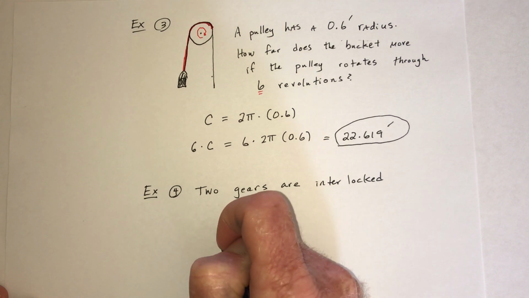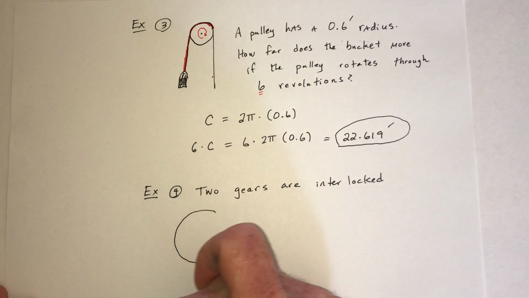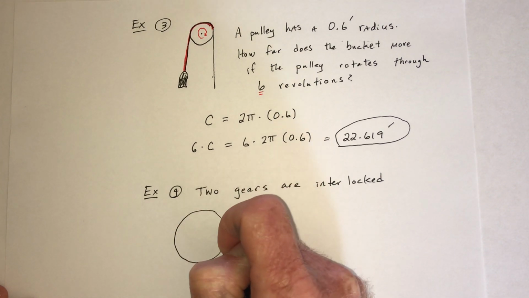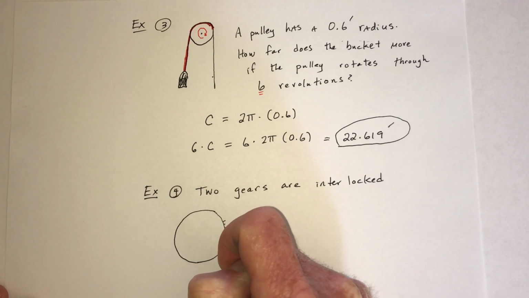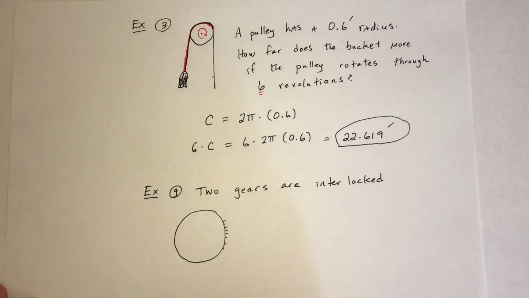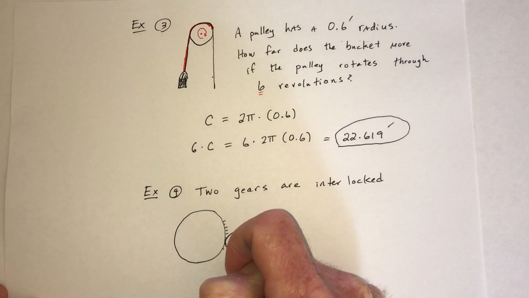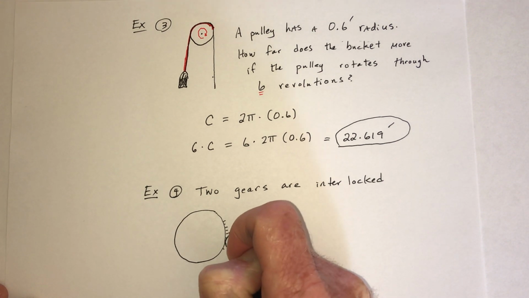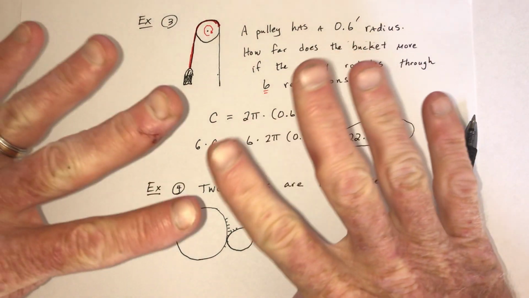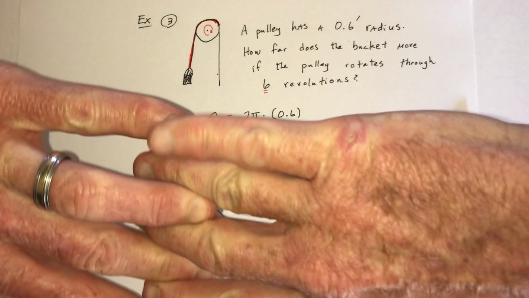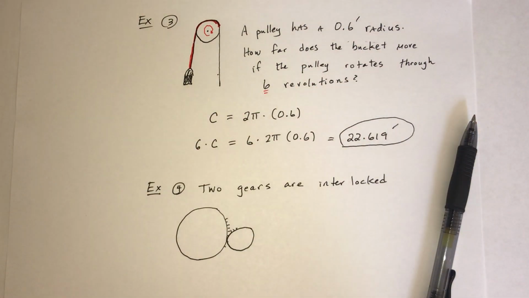There is a big gear, and it's got little teeth in it. And then there's a smaller gear, and it's got little teeth in it. And then their teeth go like this, and that's how it has friction, and one of them can cause the other one to go around.